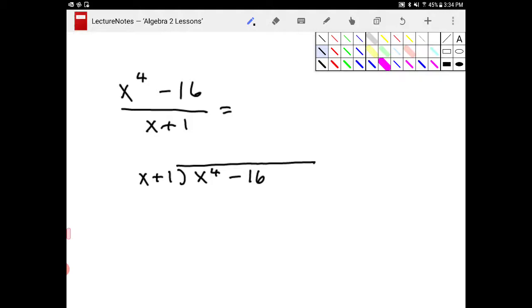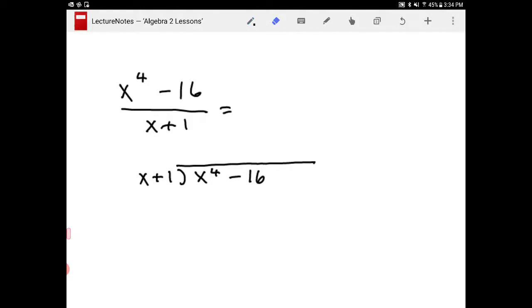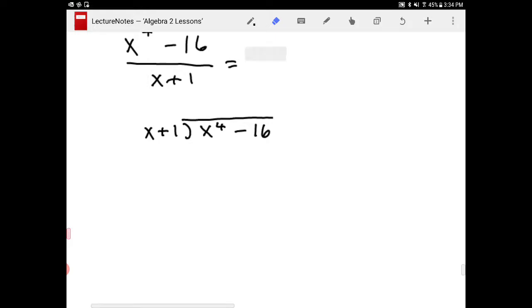So what I'm going to do with this now is perform long division. And it looks really strange to be able to operate on this, doesn't it? So I can't really perform the necessary division yet, because we're going to run into some roadblocks.